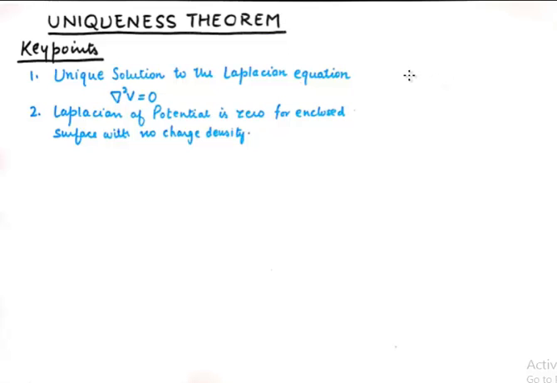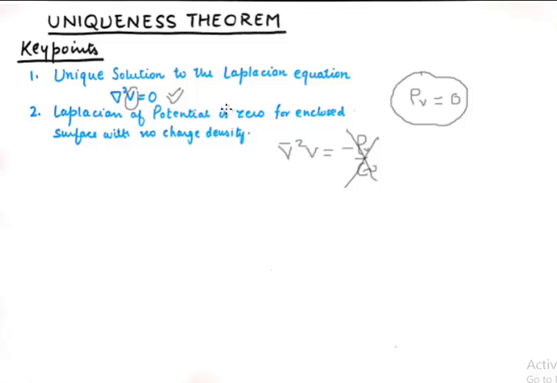Now if we consider a closed surface with no charge density, rho v is 0. According to Poisson's equation, we had Laplacian of V is equal to minus rho v upon epsilon naught. So this side of the equation vanishes, giving us the Laplace equation, and the uniqueness theorem says that this Laplace equation will have a unique solution.